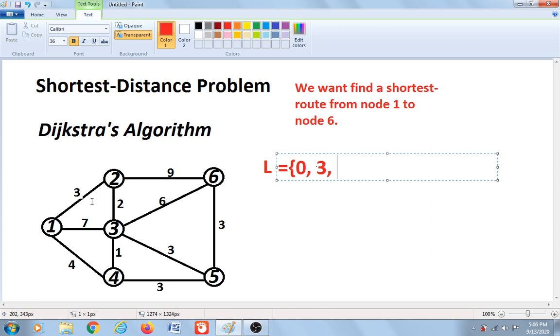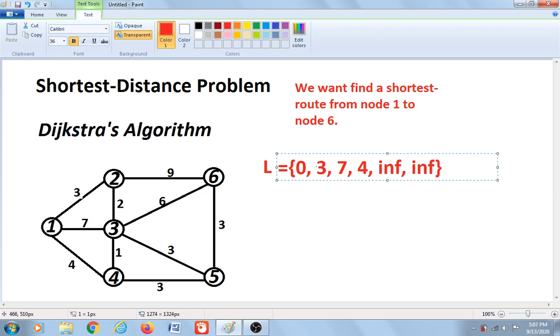The distance from node number 1 to node number 3 is 7, and the distance from node number 1 to node number 4 is 4. Since we cannot go directly from node number 1 to node number 6 and to node number 5, we put the distance as infinity. So we put INF, that means infinity.